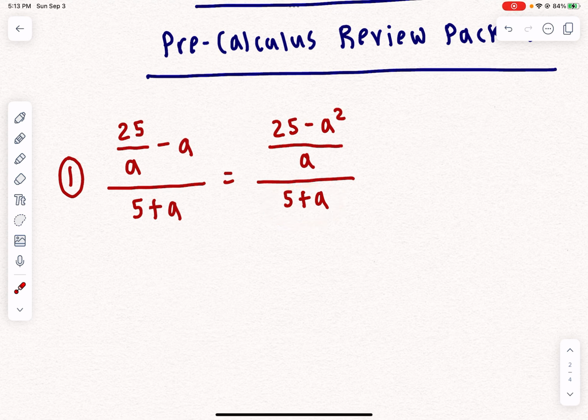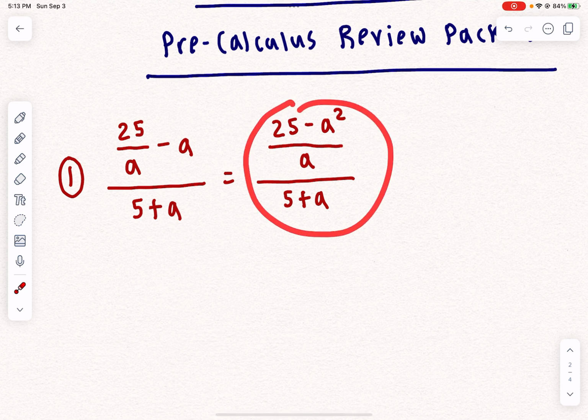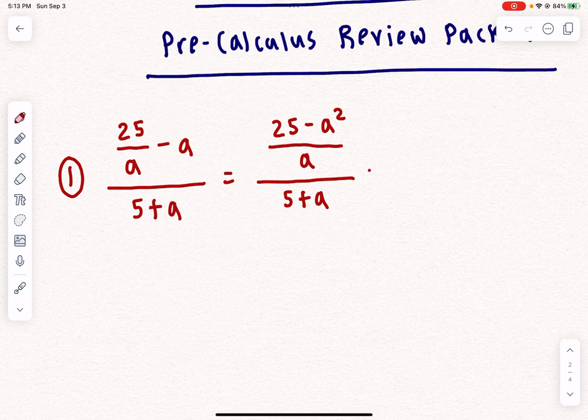What I like to think about in this situation is we can rewrite this as this whole thing, our numerator, divided by, so I'm going to put the division symbol, our denominator, 5 plus a.